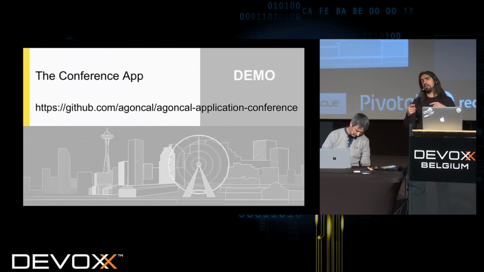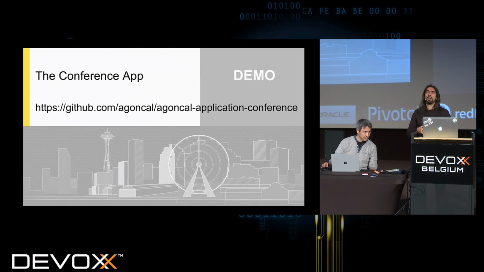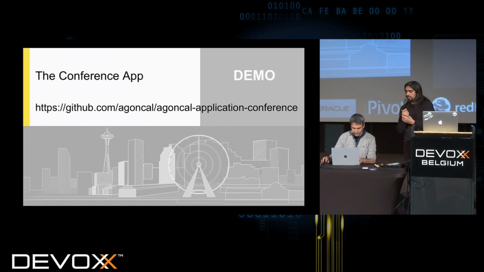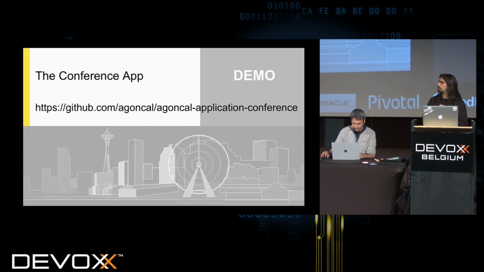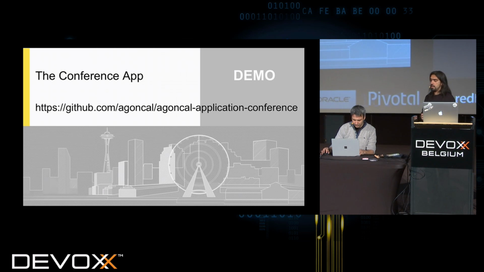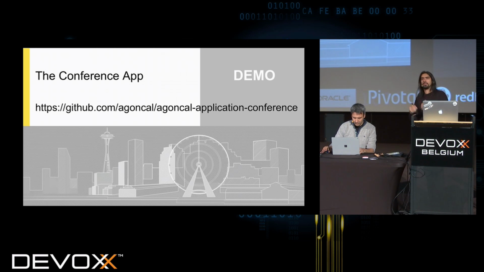And you will see that the architecture will get more and more complex, because it's not just one REST endpoint, but many of them. Yes, we will tell you about microservices in this talk too. So Sébastien is going to do a demo of the final product, and this way we know what we're talking about.